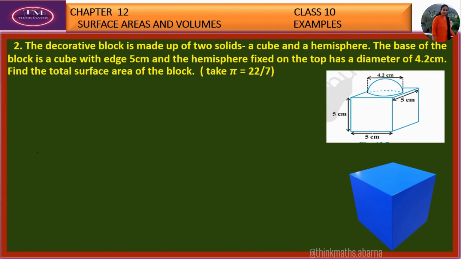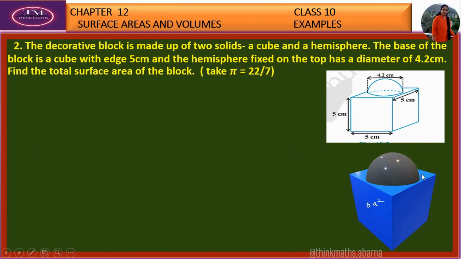So what we know? We know that the total surface area of the cube is 6a square. Now a hemisphere is placed on top. What will happen?